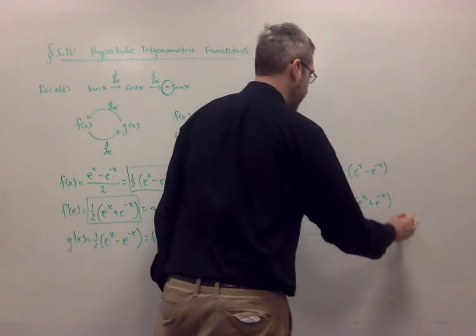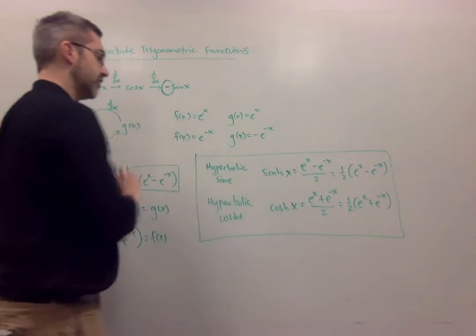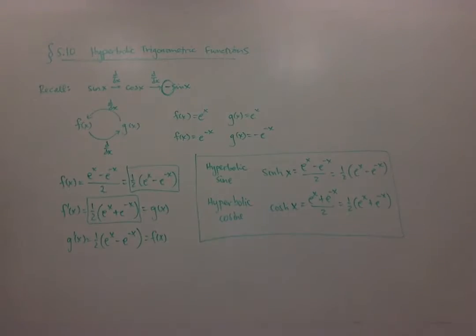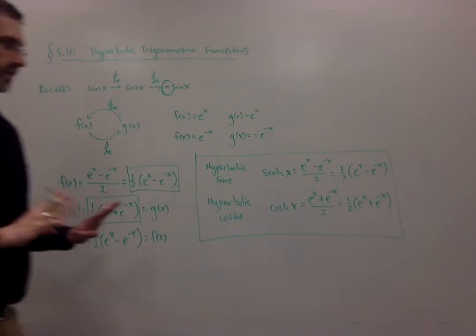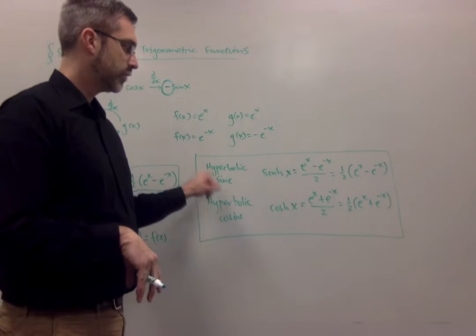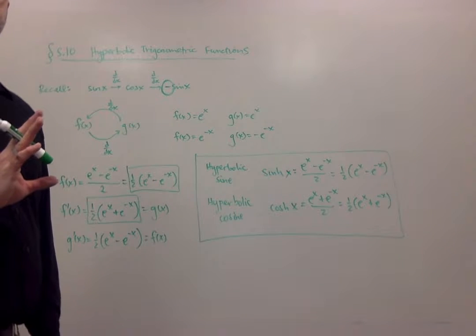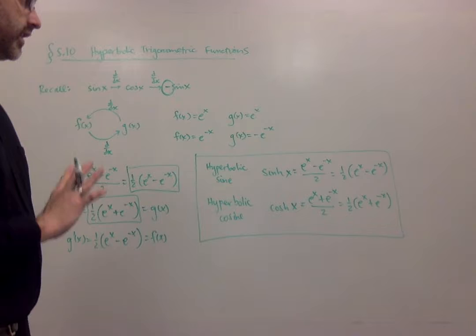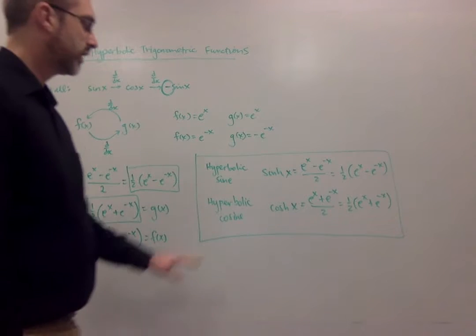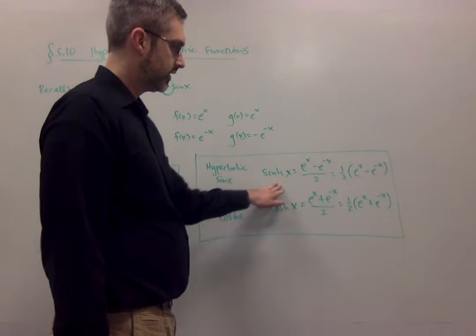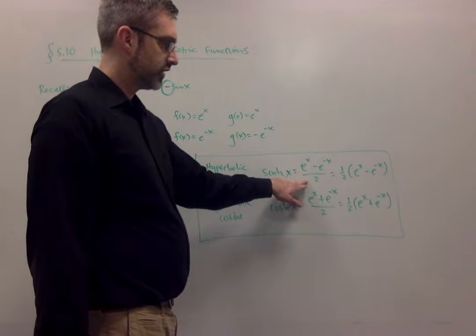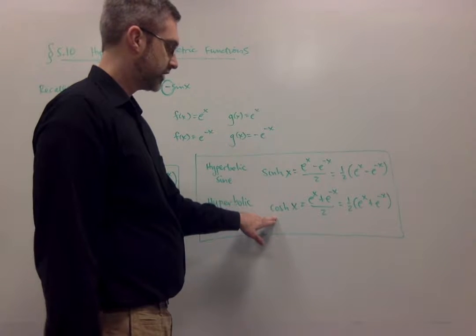Okay, these are two new functions. Now, I haven't explained why I'm using these, why they're called hyperbolic, why we're calling them sine and cosine. I'll give a little bit more explanation here, but we're going to call this hyperbolic sine, and this special function hyperbolic cosine.